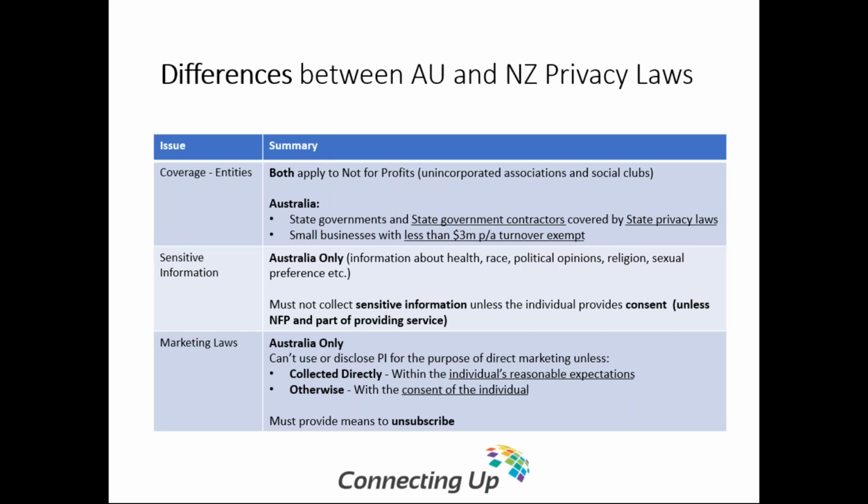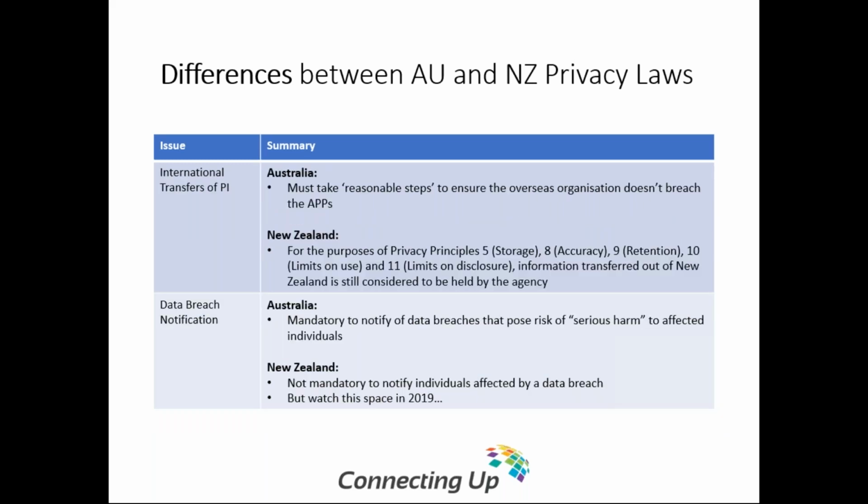Things that are a little bit different is that Australia has this weird provision around state government contractors. It's also got the small business exemption. We have special treatment for sensitive information, and we've got specific provisions around marketing, which make it easier to market in Australia than in New Zealand.